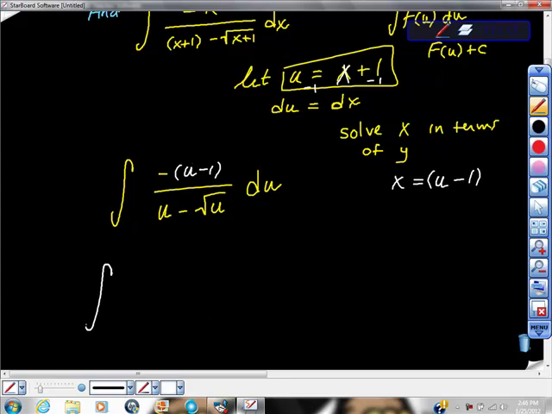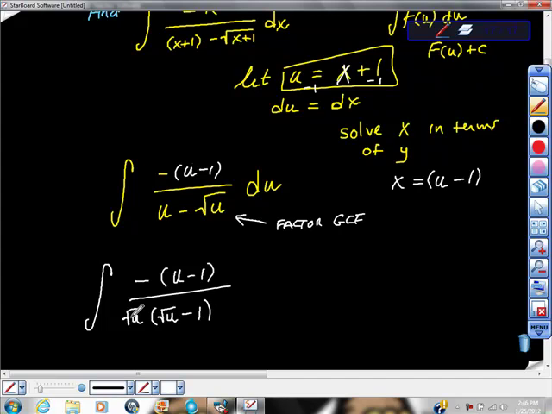So what I'm going to do here is leave this u minus 1 at the top for now. But for the piece at the bottom, I'm going to factor the greatest common factor. I hope you can see this, because the greatest common factor is square root u. It's the square root of u times the square root of u minus 1.